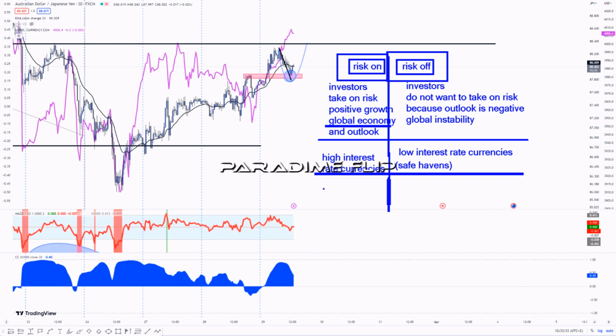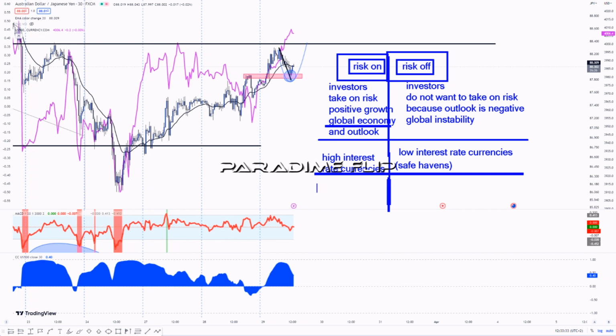If interest rates are rising, people want to invest in currencies with the highest interest rate in such an environment, because they want to take advantage of growth. High interest rate currencies are going to increase in value in a risk-on environment, and that's because interest rates increase in a risk-on environment.